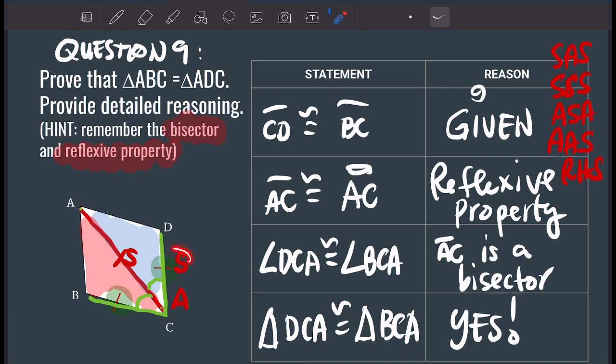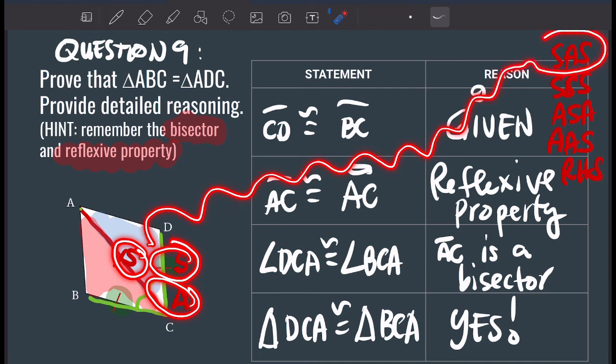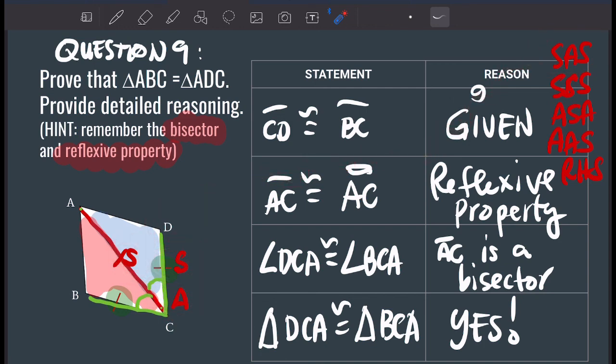Because we have a side, an angle, side. Side, angle, side. Okay? So, it is because side, angle, side.